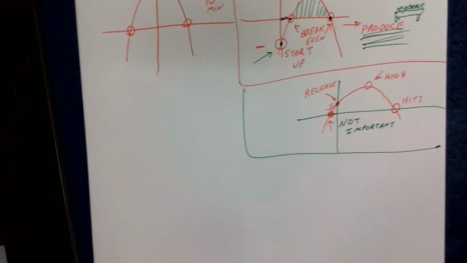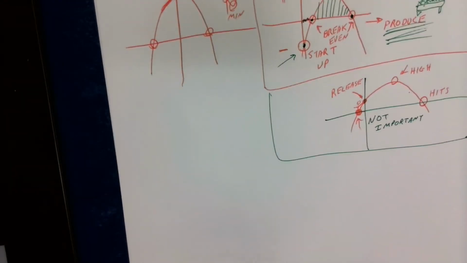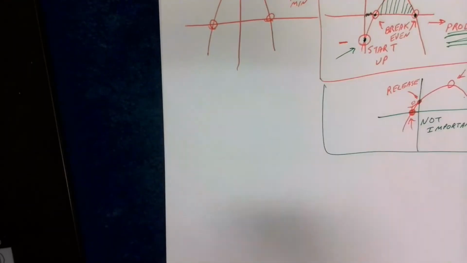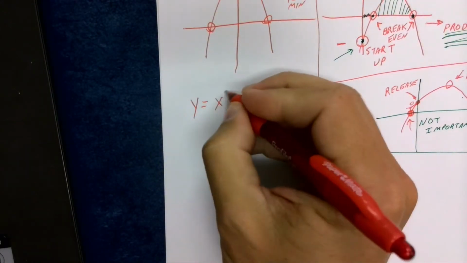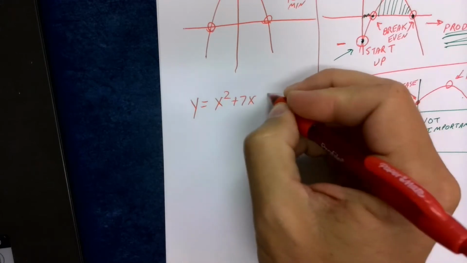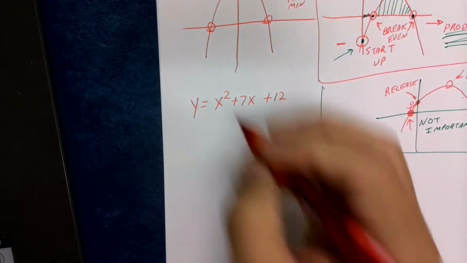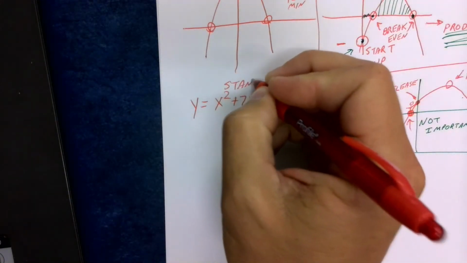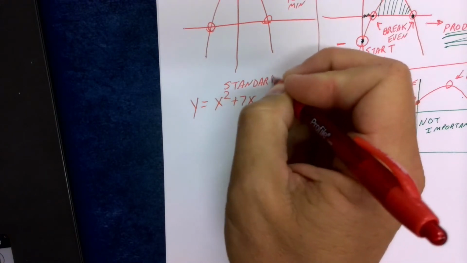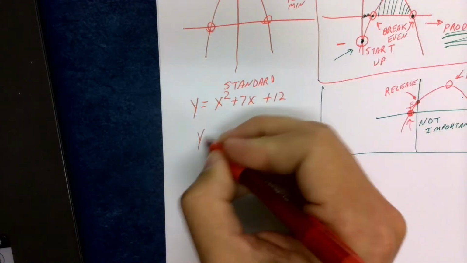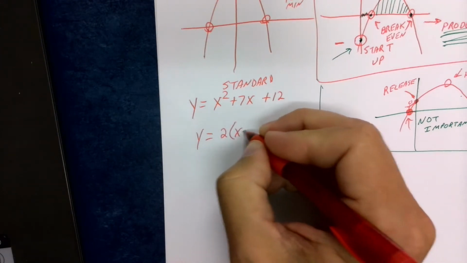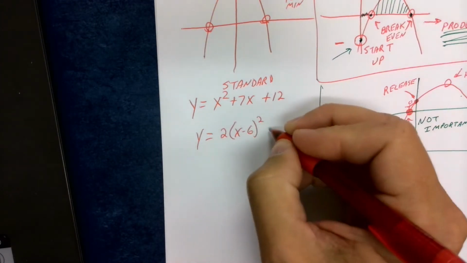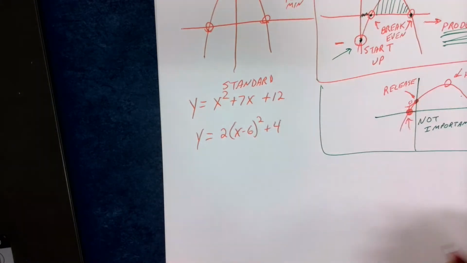Okay, so let's actually do some math. The first thing I want to look at right here is three different forms. So y equals x squared plus 7x plus 12. This is called the standard form of an equation. Y equals 2 times (x minus 6) squared plus 4.